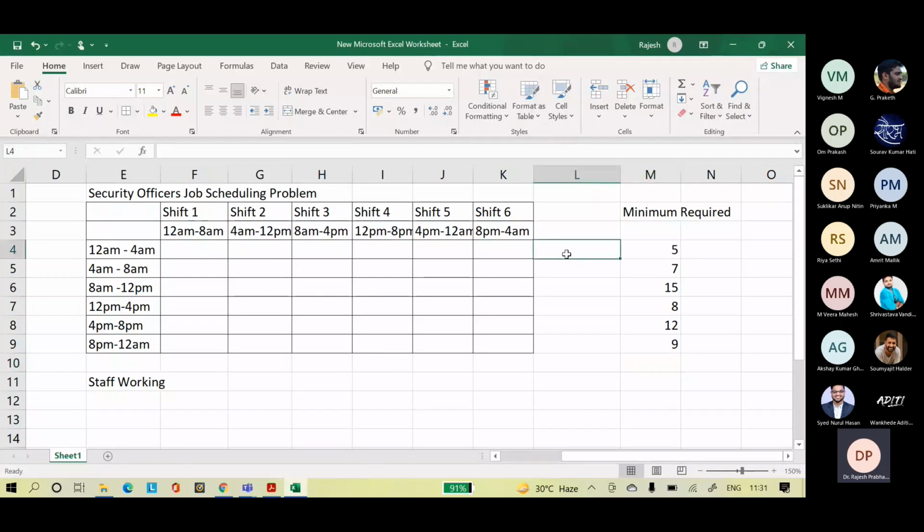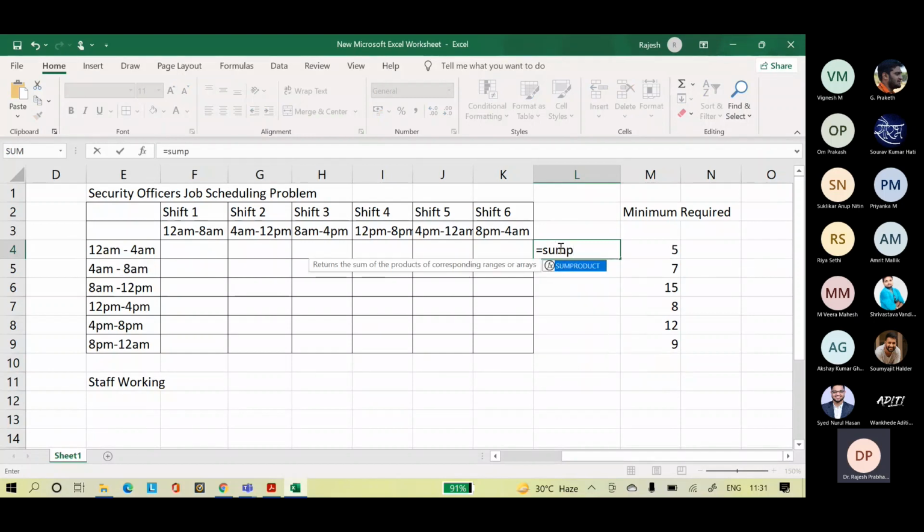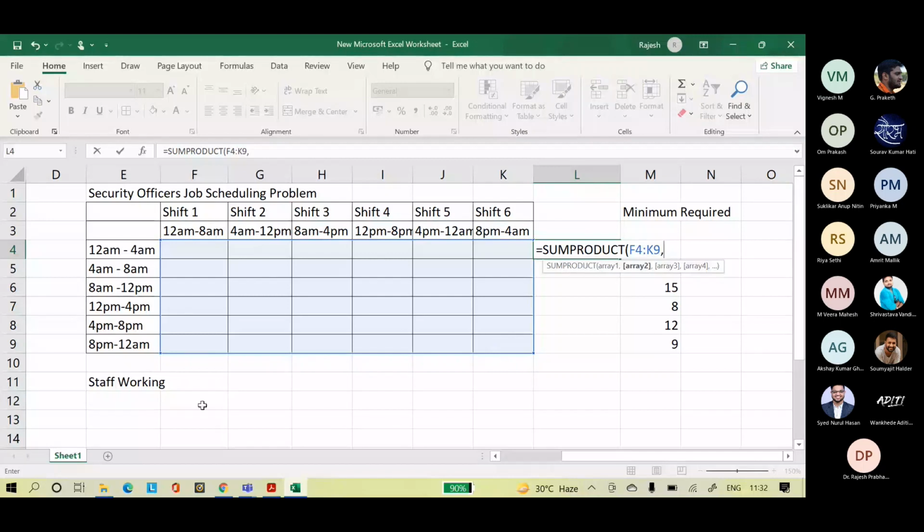So we will be using equal to sum product, comma, this.